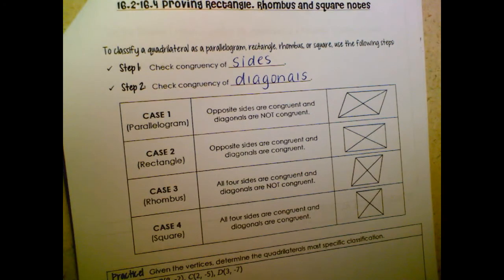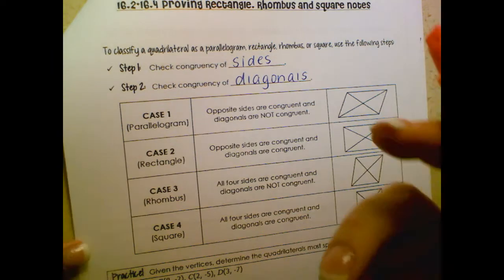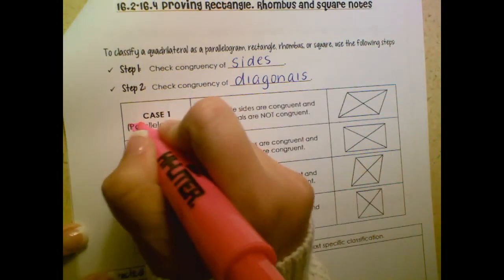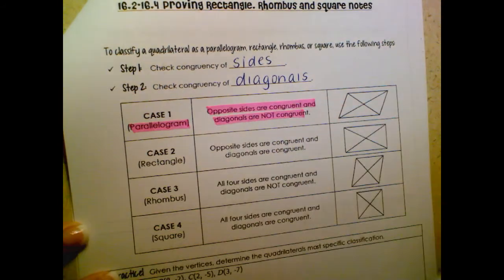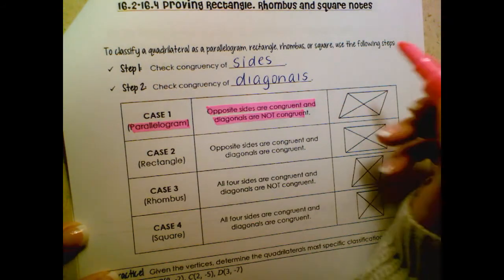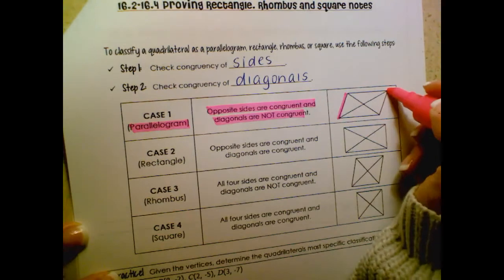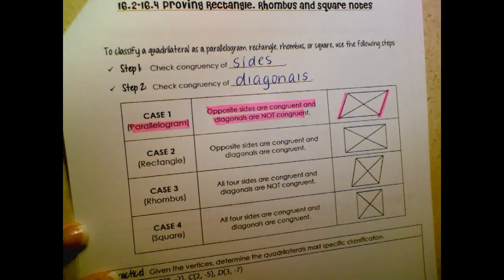So if we recall properties of our quadrilaterals, when we talk about parallelograms, opposite sides are congruent, diagonals are not congruent. So opposite sides are congruent, diagonals are not.